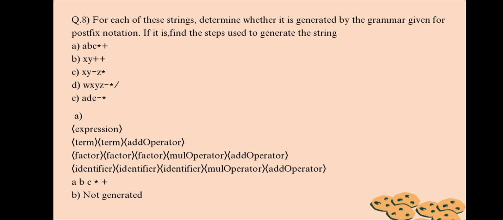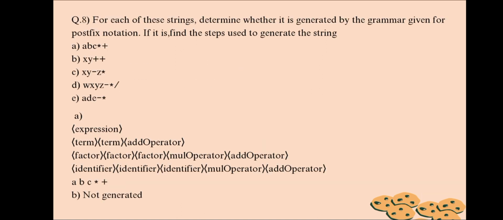This expression says that we have two terms and an add operator, and in the third line we have three factors and a mul operator, added by an add operator. And in the last line we have three identifiers, one mul operator, and last an add operator. This is how the string A B C asterisk plus is generated by the grammar for postfix notation.